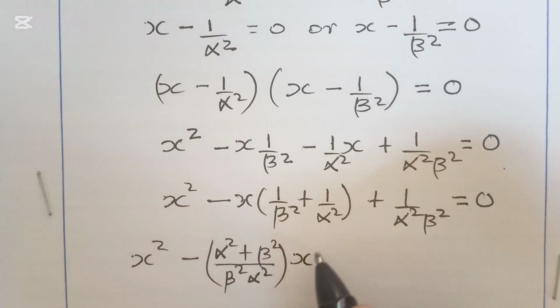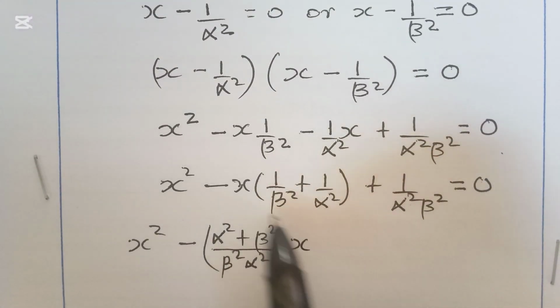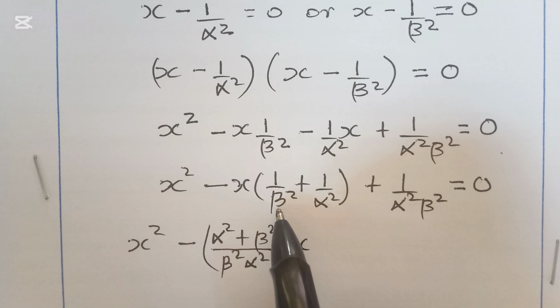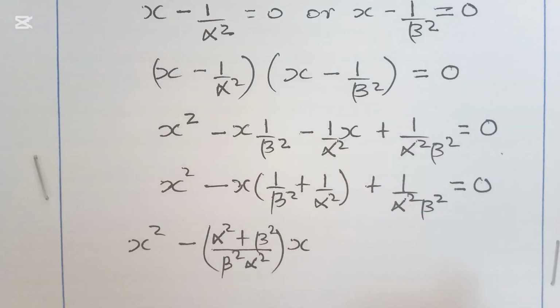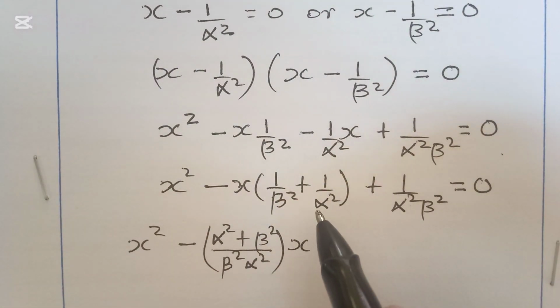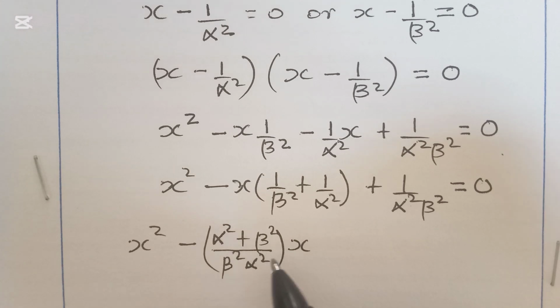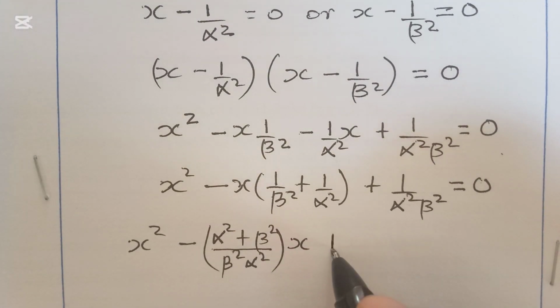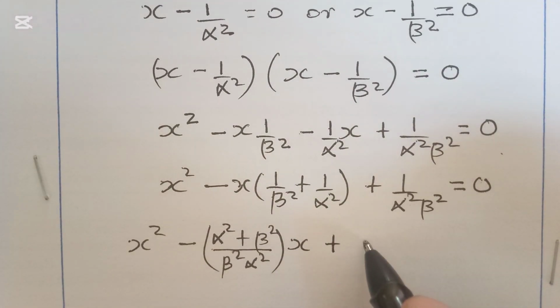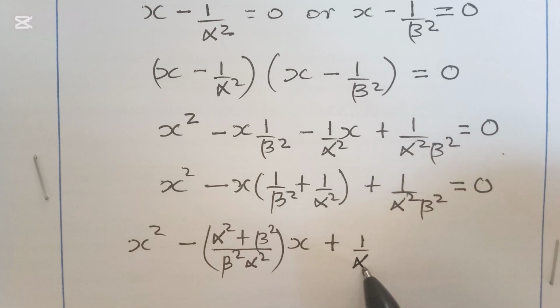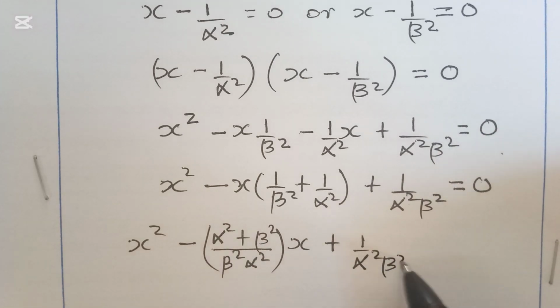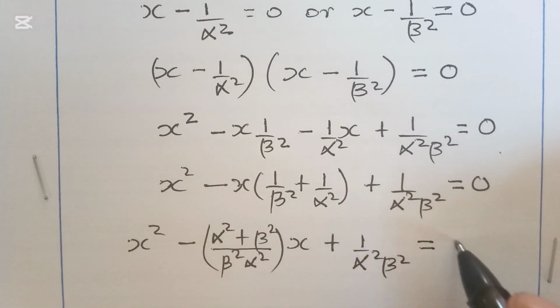Guys, this can be obtained by finding the LCM of that, and then you will come to this, then plus 1 all over alpha squared beta squared is equal to 0.